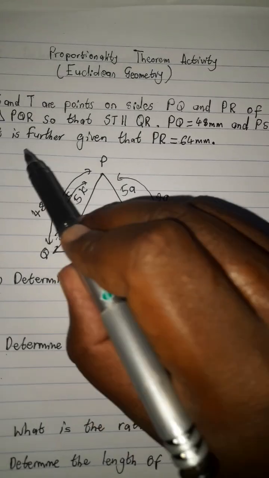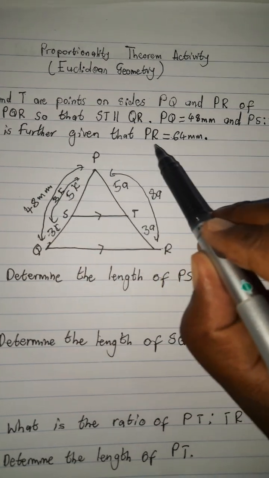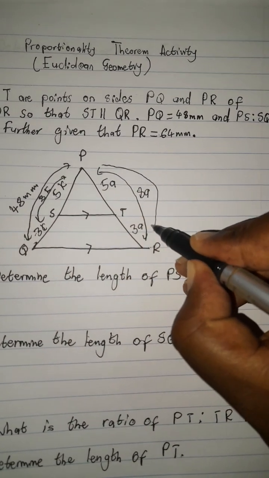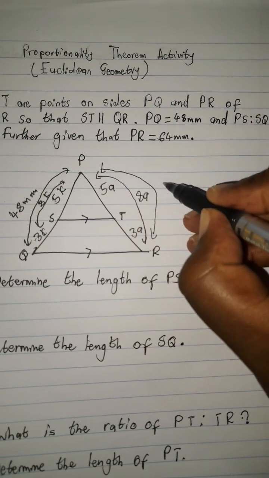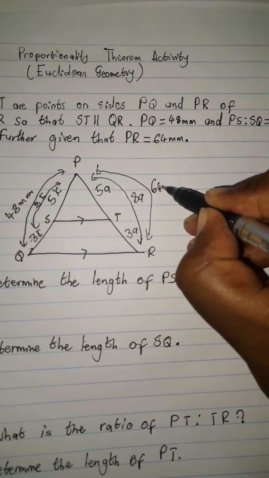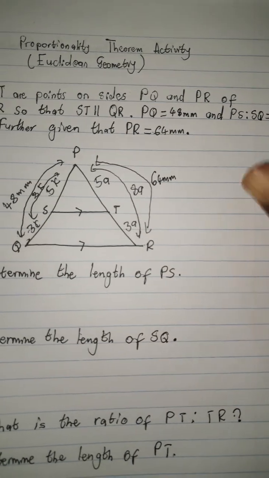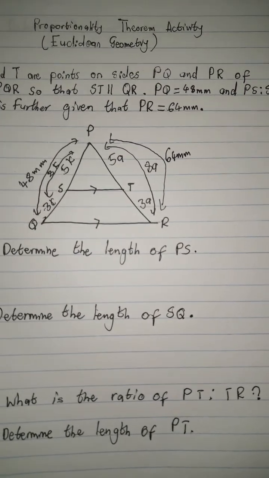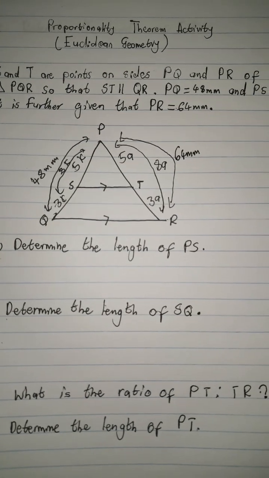It is further given that PR is 64 millimeters, which is an actual length. I hope, guys, you saw how I worked this out.